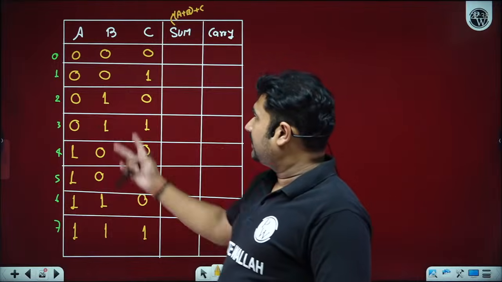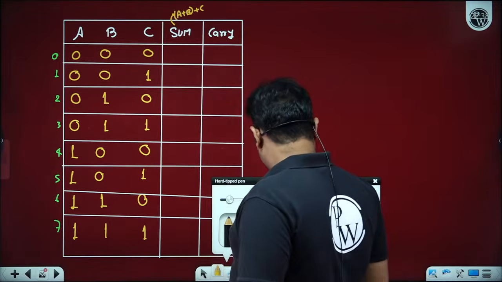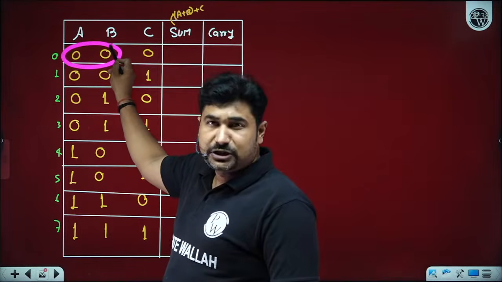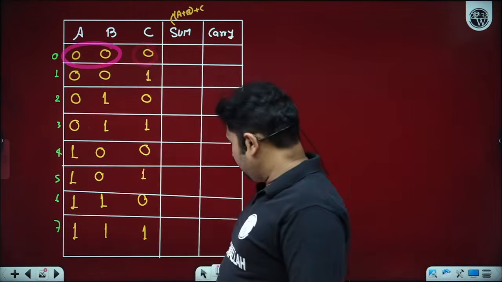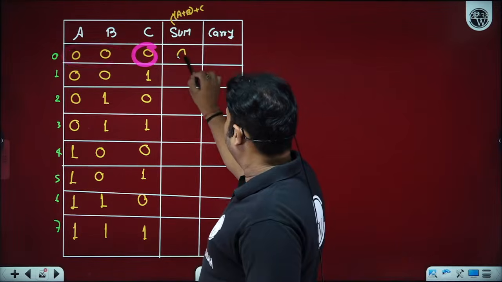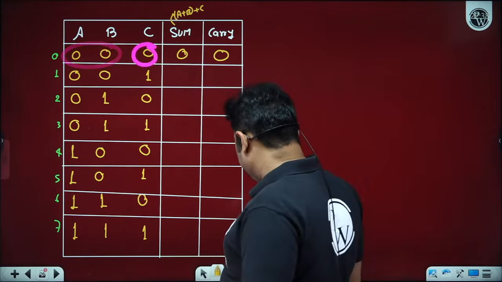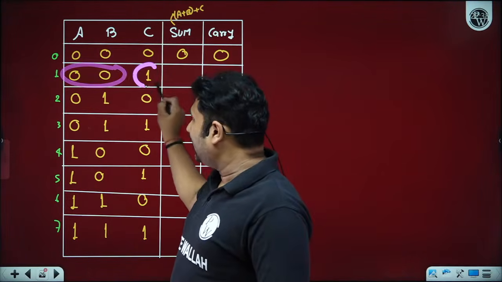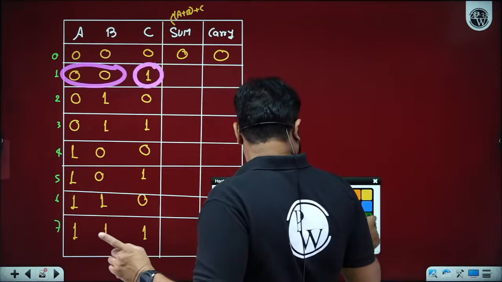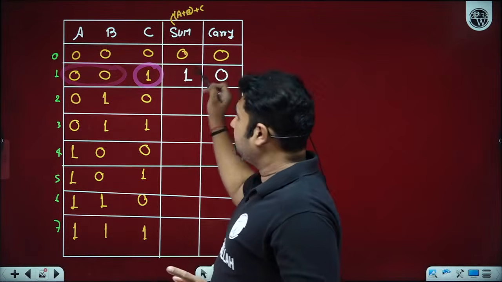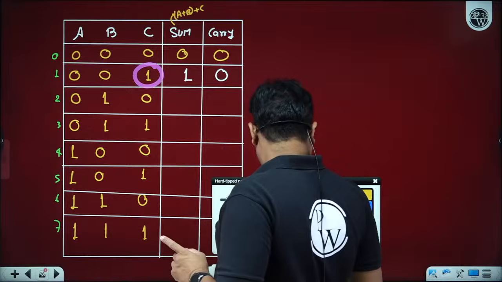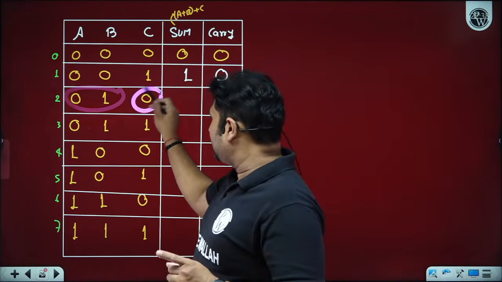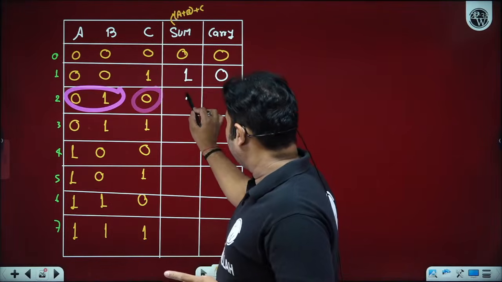So please observe, A plus B, first you need to perform A plus B: 0 plus 0 is 0, carry 0. How many of you are able to understand? Again, please observe: 0 plus 0 is 0, plus 1 is 1, carry 0. Again, 0 plus 1 is 1, 1 plus 0 is 1, carry 0.